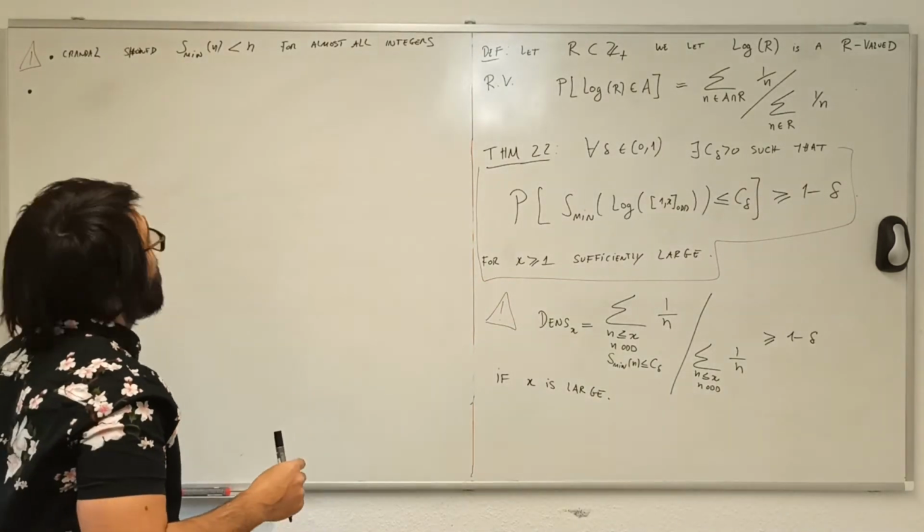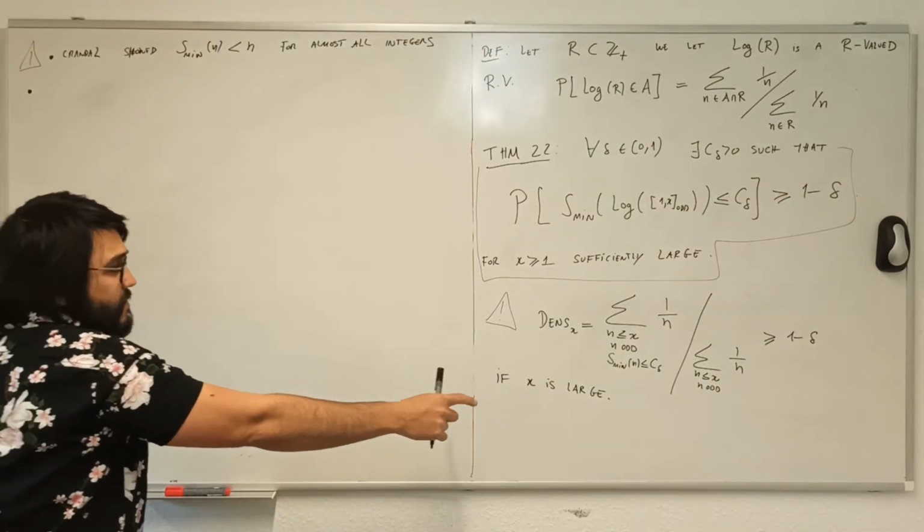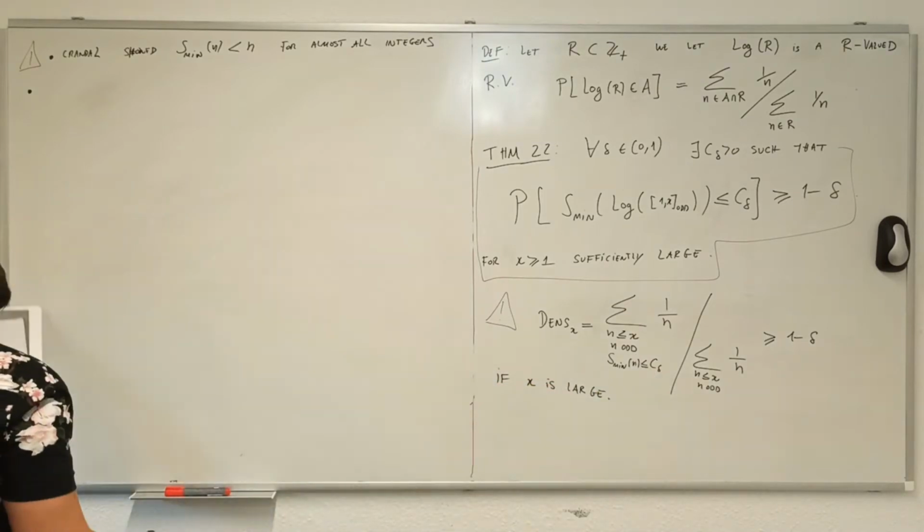So in a way, what Tao is doing is much better because he's putting here a bounded constant.